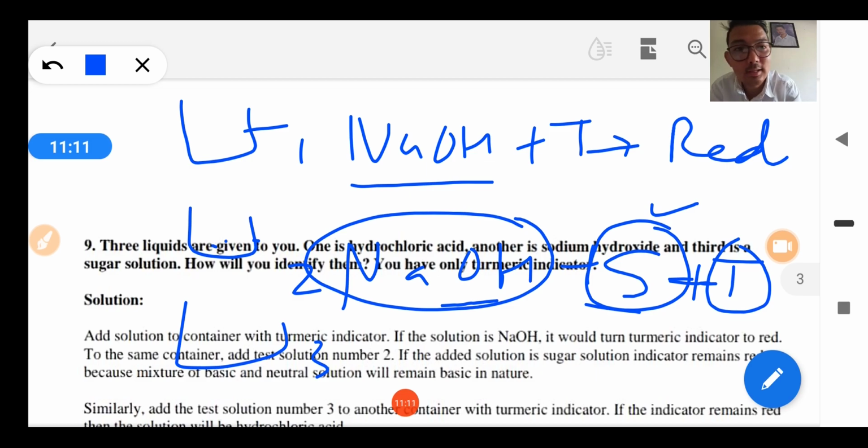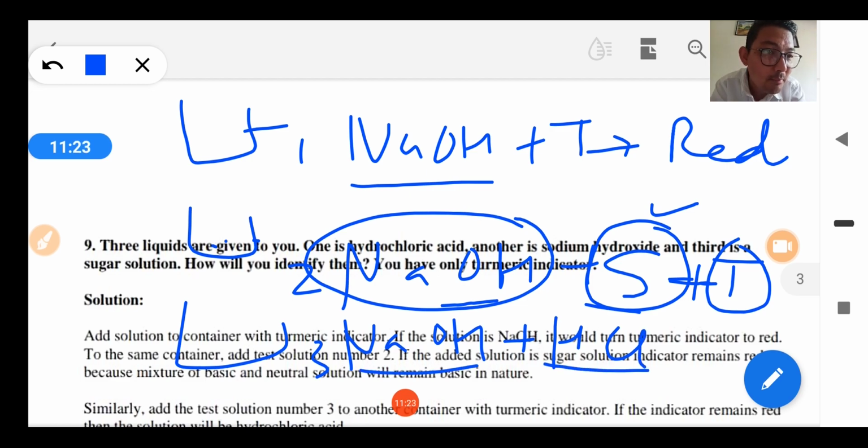Now in third case, again we have to add NaOH, then we have to add hydrochloric acid. Now this is base and HCl is acid, and base and acid react, what is formed? Neutral solution is formed. Okay, so when the neutral solution is formed, now you add turmeric solution to it.